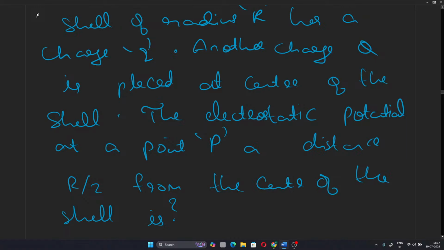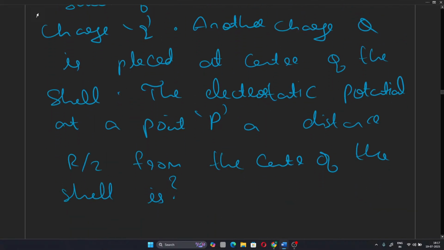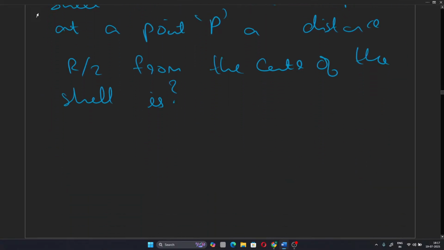The electrostatic potential at point P at a distance r by 2 from the center of the shell is. Okay, which is kind of an easy question.